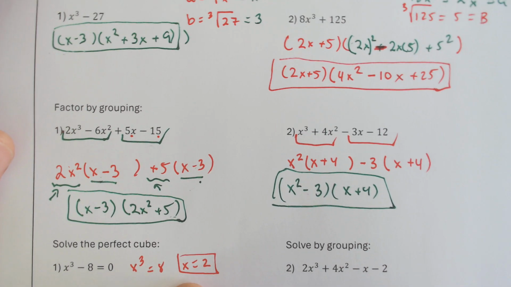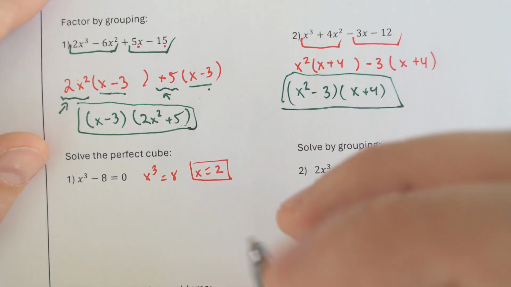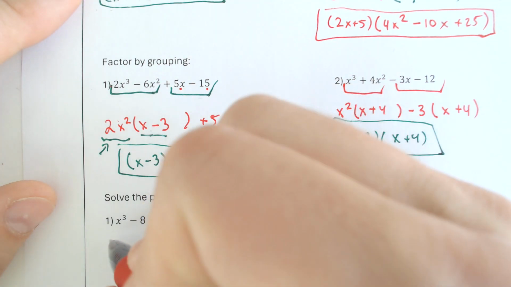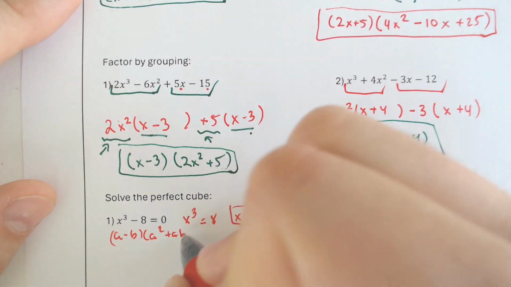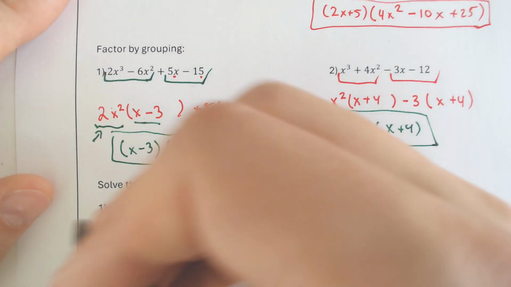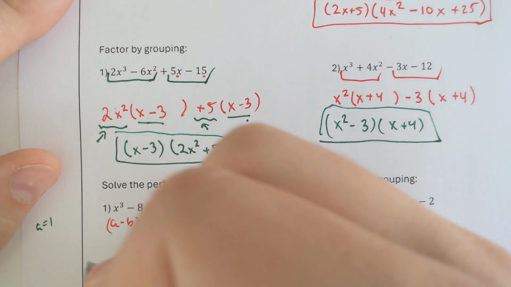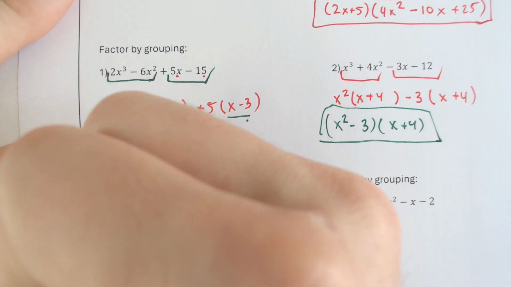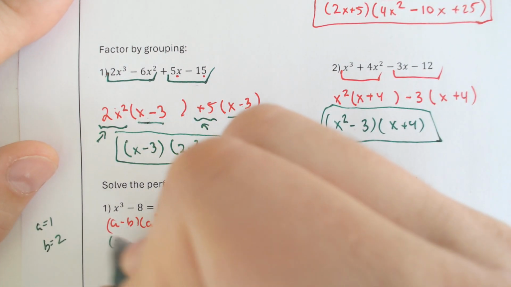So the other two answers are going to come from this part right here, whatever was remaining. So we have an x to the third minus 8. We have to use our a minus b, a squared plus ab plus b squared formula. We have a would equal 1 for right now. Later on, it's going to be different. So a is equal to 1 and b is equal to 2. So this would be x minus, I don't know why I said 1.